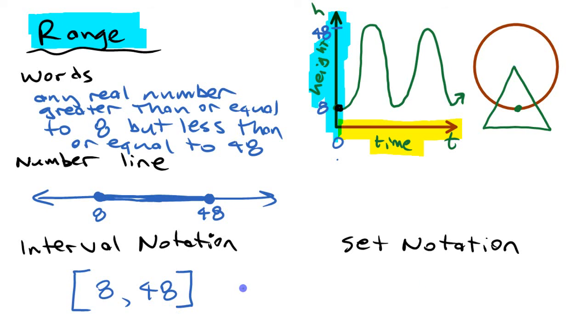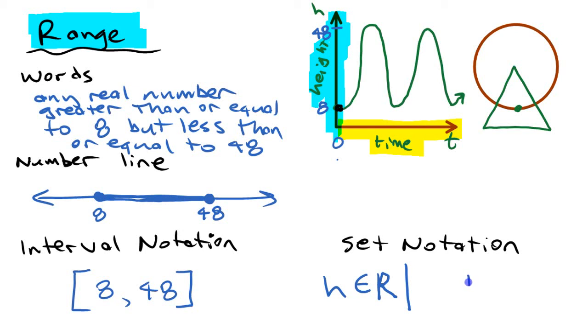Set notation is the hard one. Essentially, if this is H, you say H has to be a real number such that it's between 8 and 48. Here's how I recommend you write this double inequality to avoid problems.